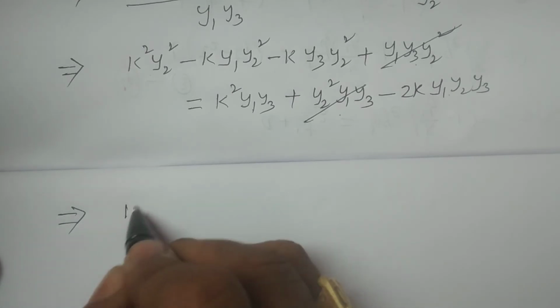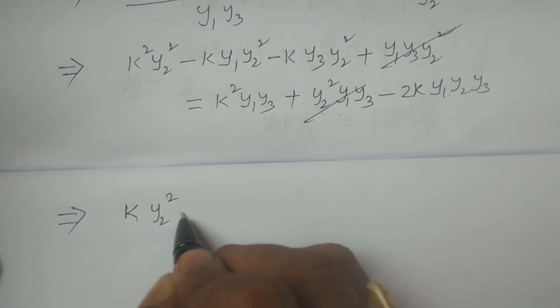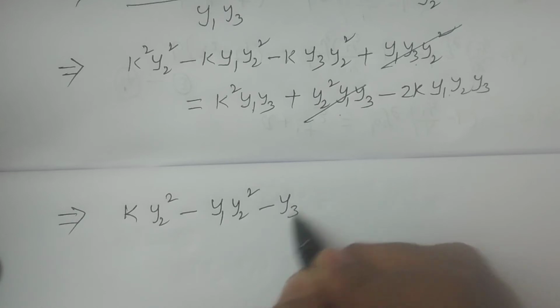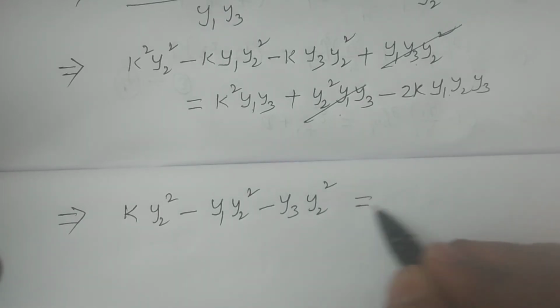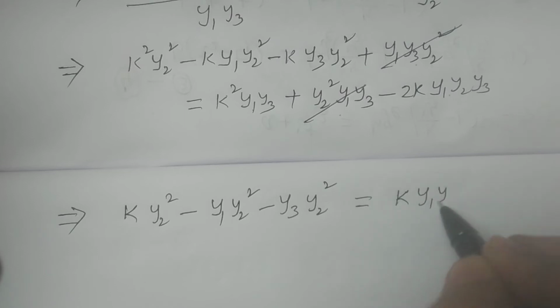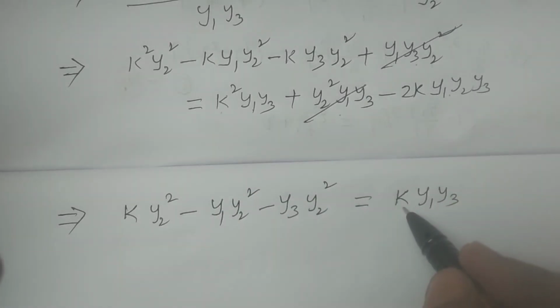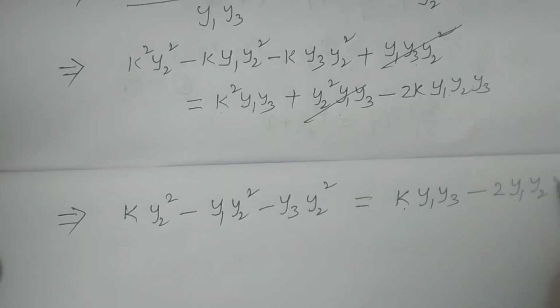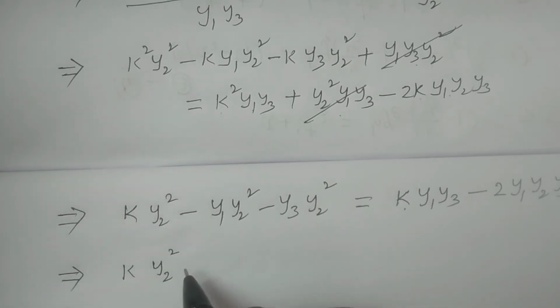If you cancel k, we get k y2 square minus y1 y2 square minus y3 y2 square is equal to k y1 y3, because it is a k square, cancelling k, minus 2 into y1 y2 y3. Now I have to calculate k. So I take the value of k on the left hand side: k into y2 square minus y1 y3.